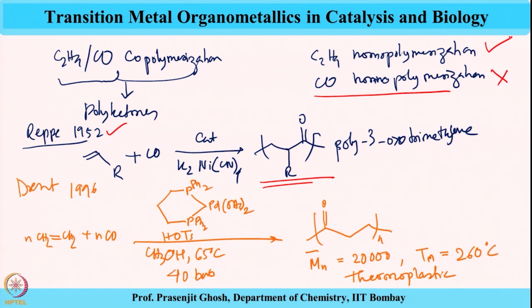So, there were chances that one may see 2-3 ethylene insertions followed by 1 CO, but to everybody's surprise, the polymer really had 1:1 incorporation of ethylene and CO, which said that it is indeed an alternating insertion of CO and ethylene.